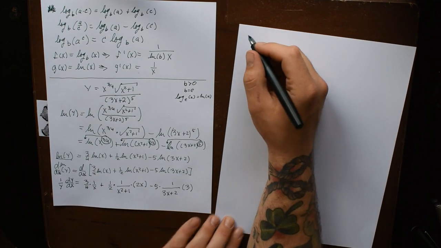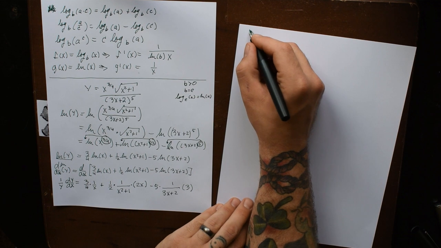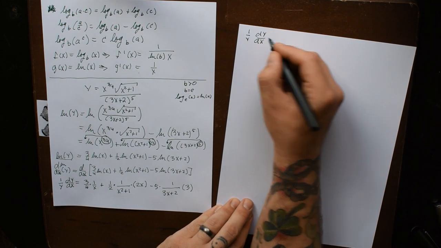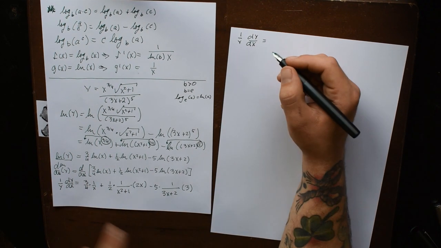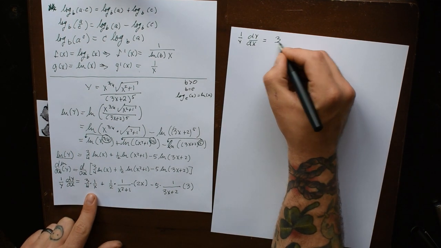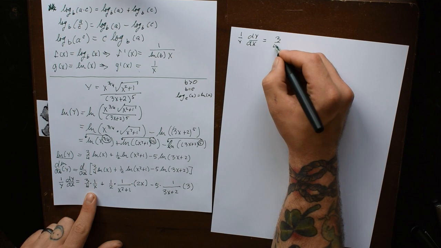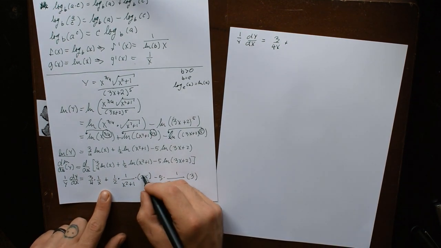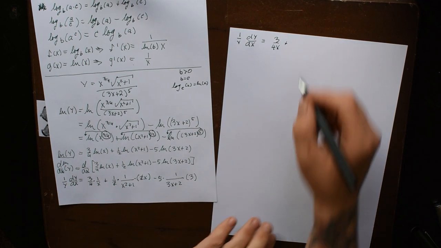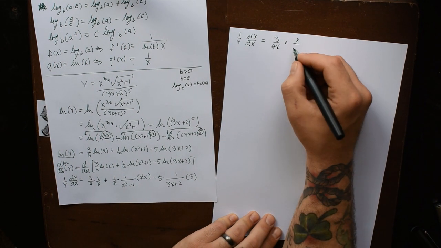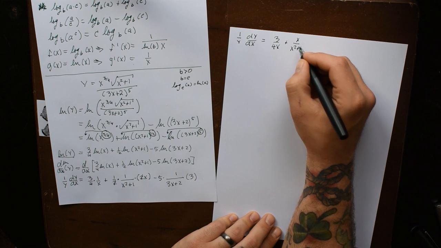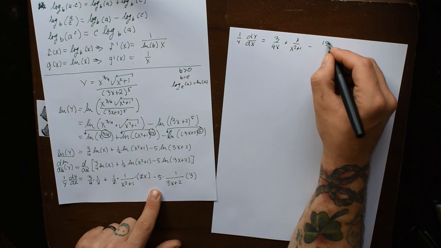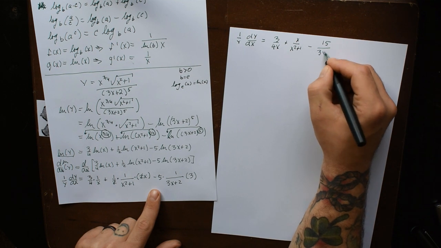So our left-hand side I'm just going to leave as 1 over y dy dx. That's equal to 3 over 4x plus, this 2 is going to cancel out with that 2. We get x over x squared plus 1 minus 3 times 5 gives us 15 over 3x plus 2.